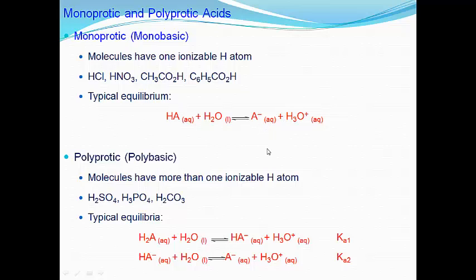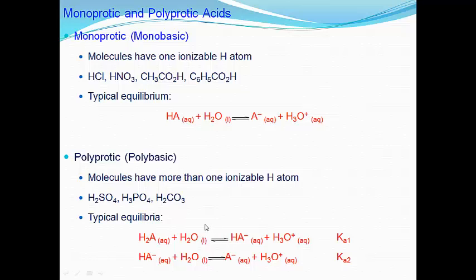However, the polyprotic or polybasic acids are those whose molecules have more than one ionizable proton. Examples are sulfuric acid, phosphoric acid, and carbonic acid. Here we have 2, 3, and 2 ionizable protons in the molecules. The difference in the equilibria between monoprotic and polyprotic acids is that in polyprotic acids there is more than one ionization reaction.